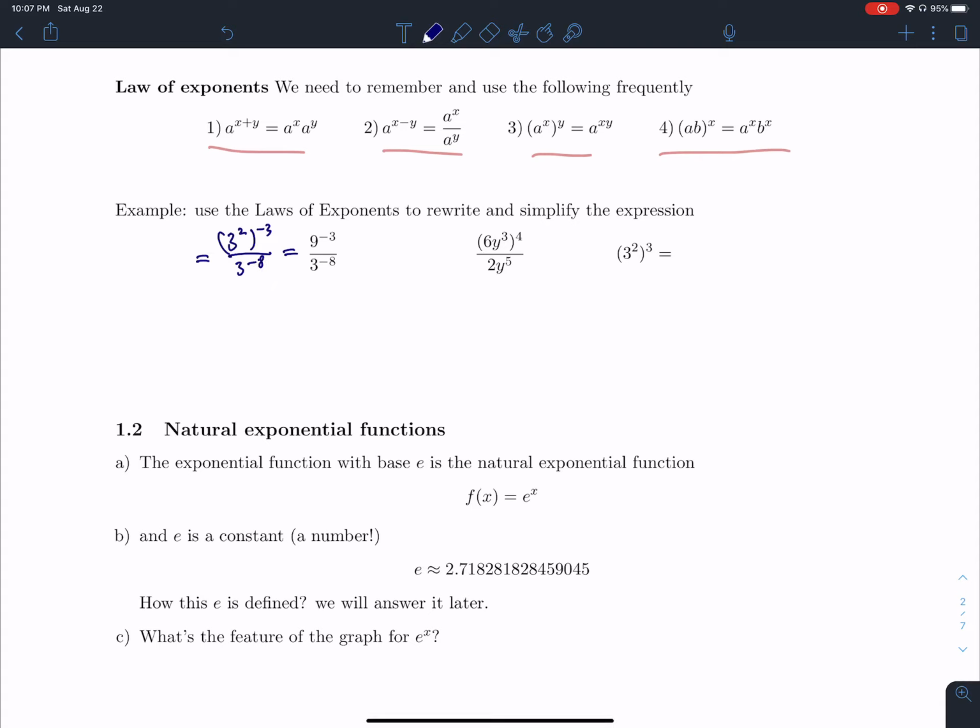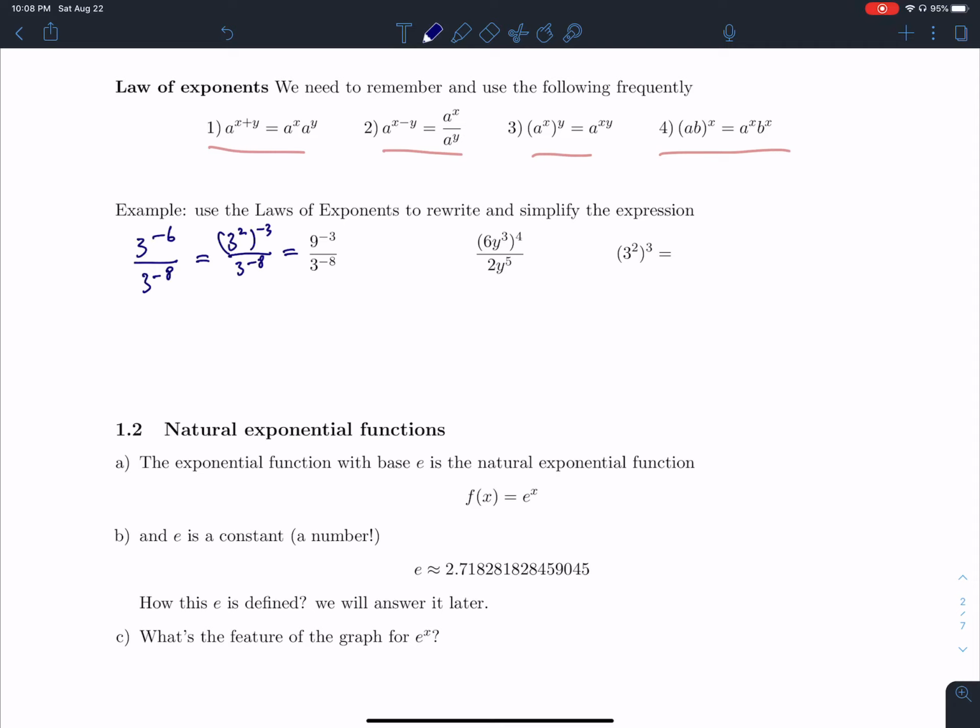Okay, then what? Then we can use the laws now. The numerator here requires the third item in the laws above, right? So it is 3 to the power 2 times negative 3, so it's negative 6. And then the denominator is still 3 to the power negative 8.